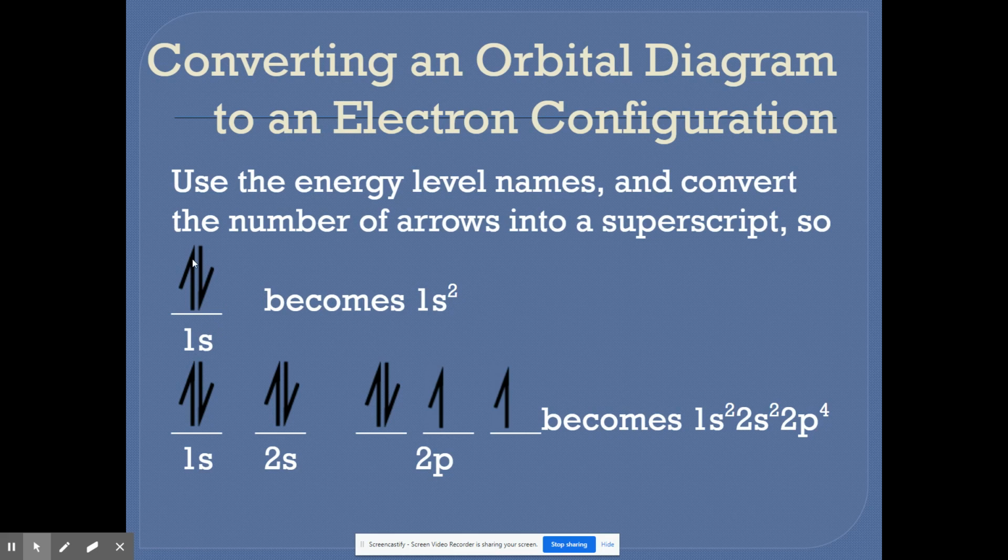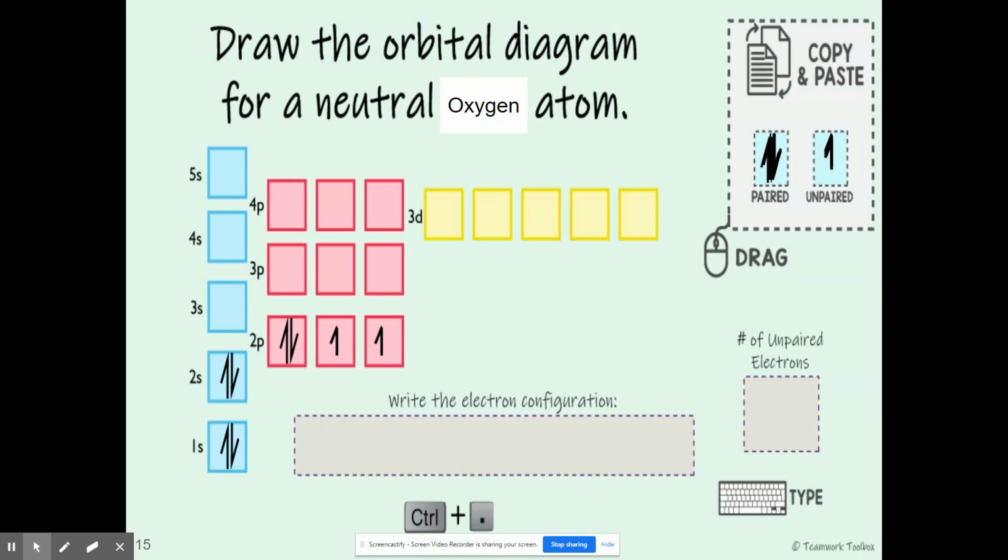So 1s with one arrow going up and one arrow going down becomes 1s2. All of this down here becomes 1s2, 2s2, 2p4. So the numbers tell you how many arrows are in that subshell.